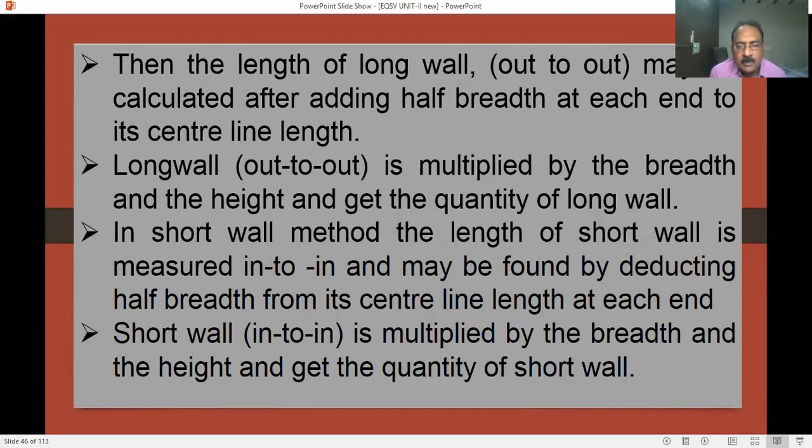That is center line length minus half of breadth of one side and half of breadth of the other side. And this short wall length is multiplied by breadth and height and you get the quantity of short wall. So these are the definitions.